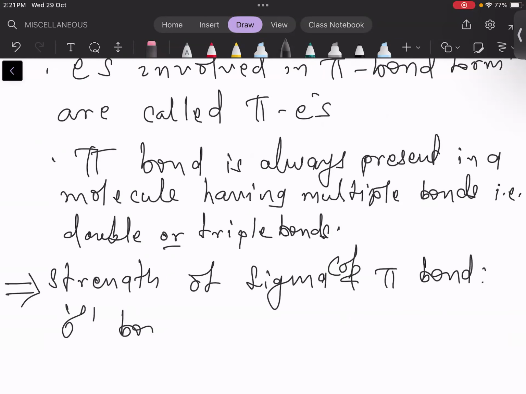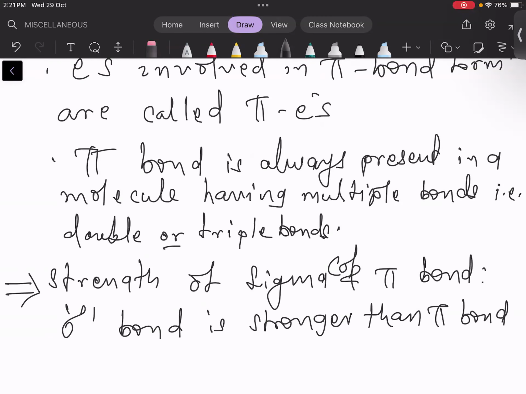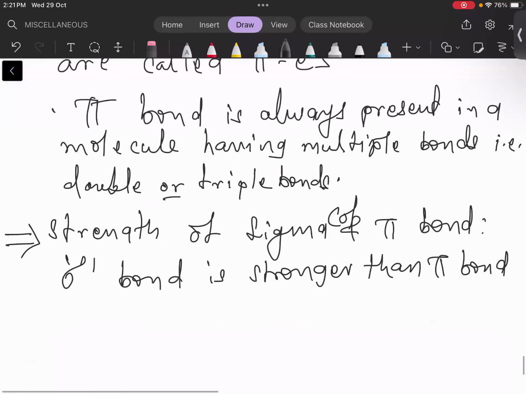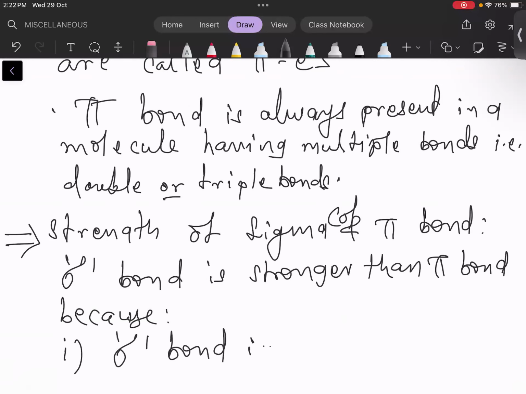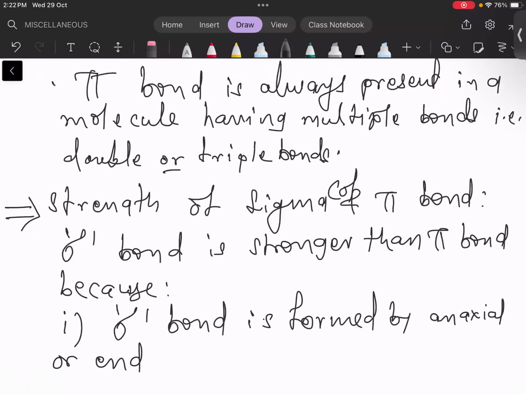Because first, a sigma bond is formed by axial or end-to-end overlapping.